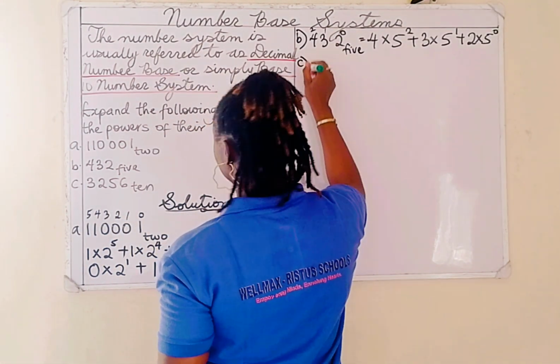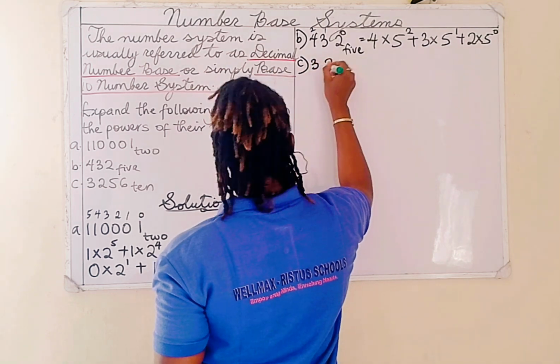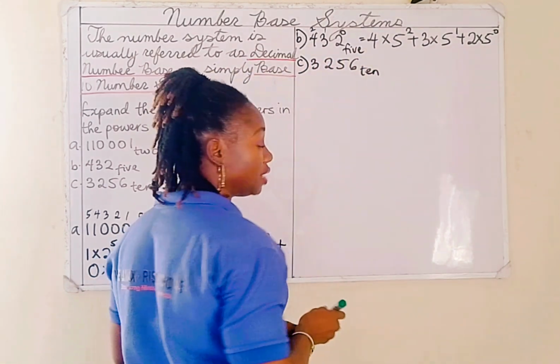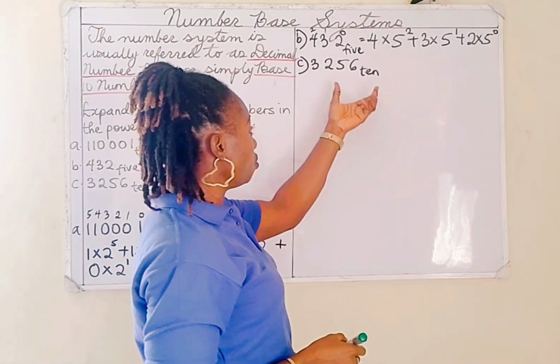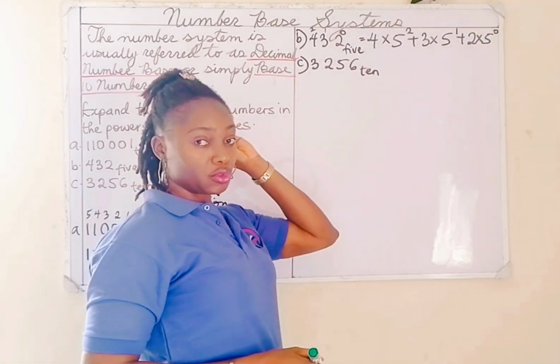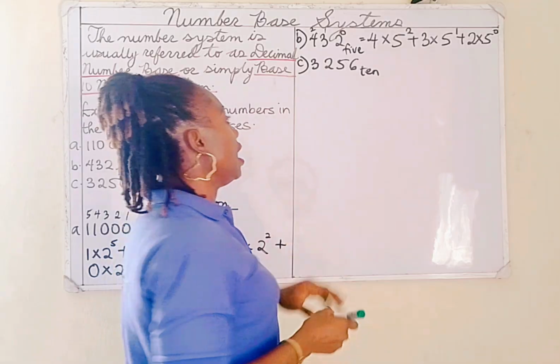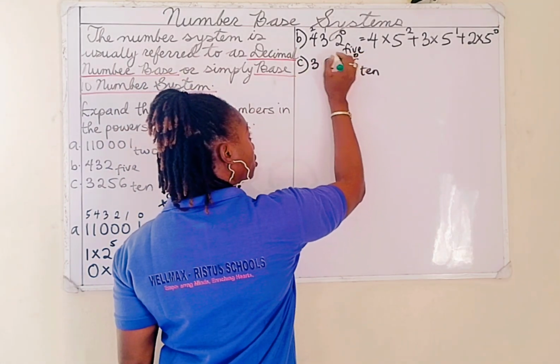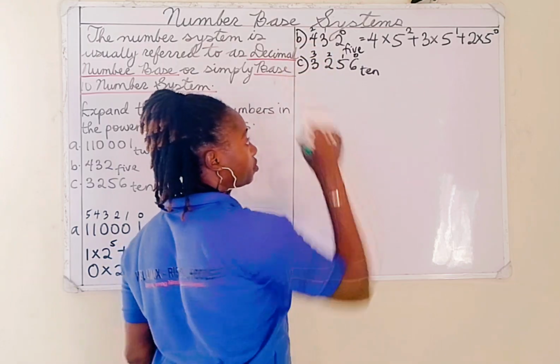Now the last question, we have 3256 to the base of 10. We want to expand this number according to the powers of its base. If we label this number, we have 0, 1, 2, 3.